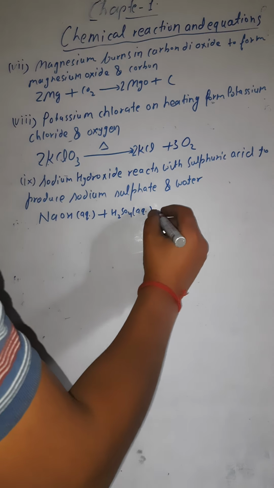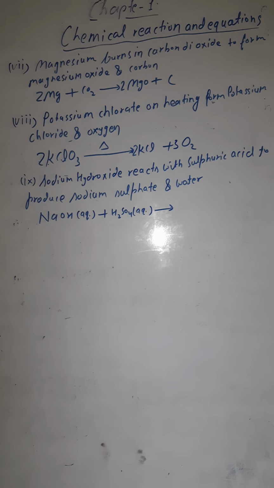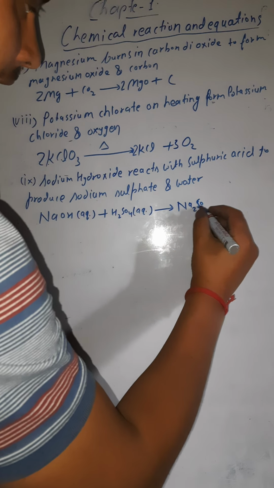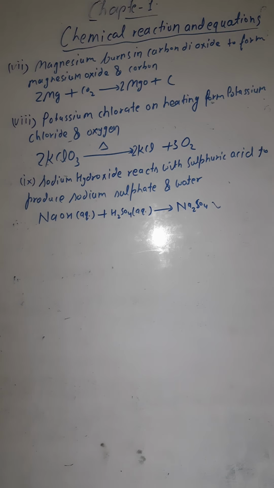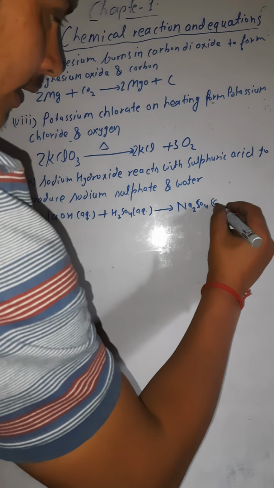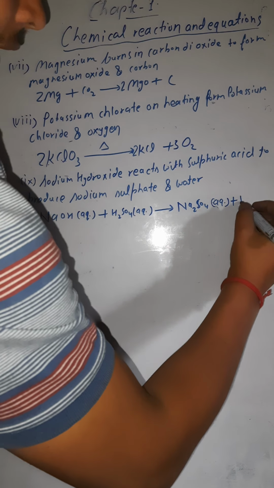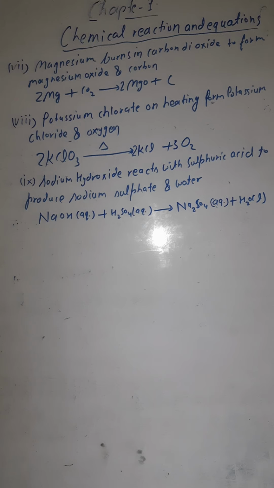What does it give? It gives sodium sulfate, that is Na2SO4. Can you tell me the state of sodium sulfate? Yes, again aqueous, plus water, and the state of water is liquid.